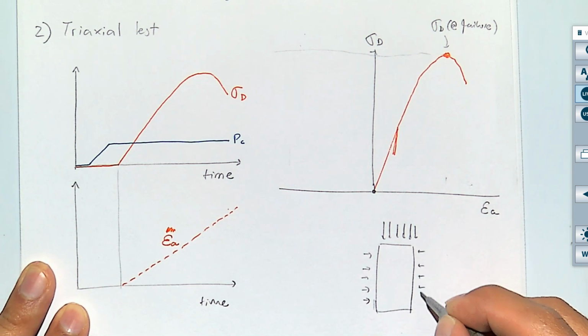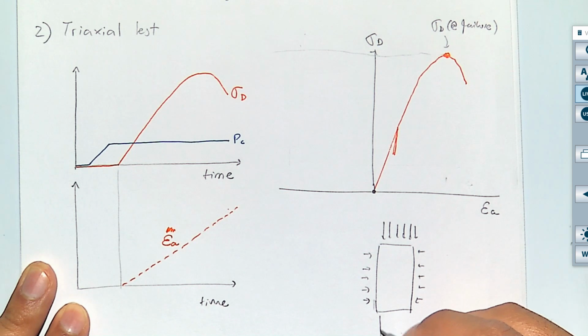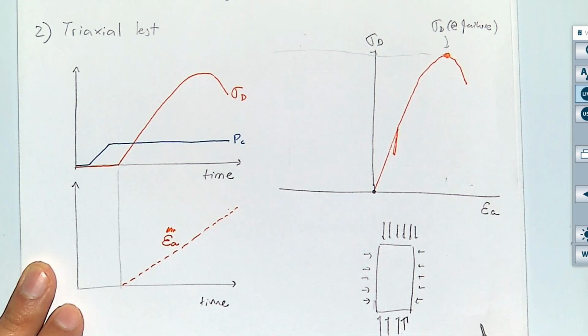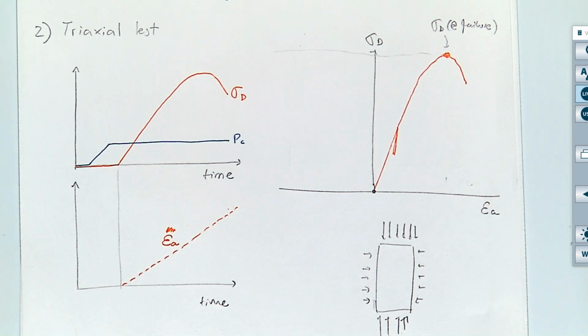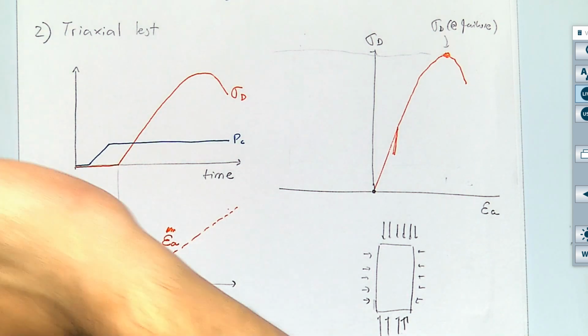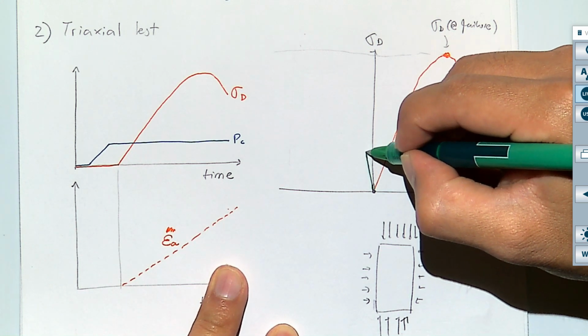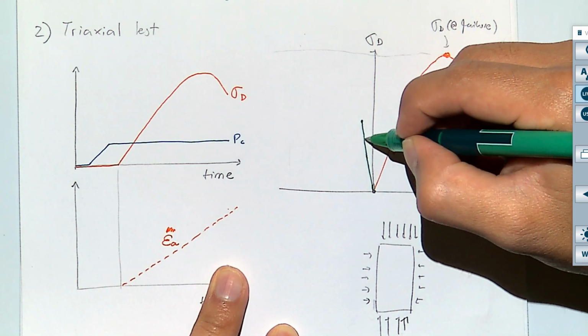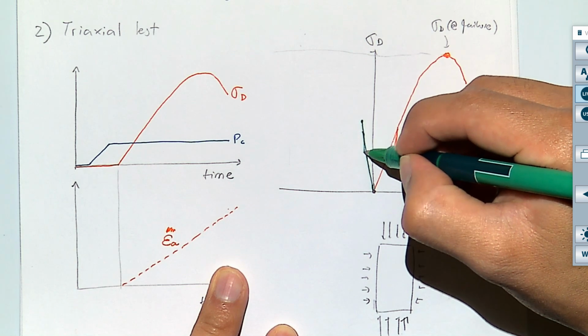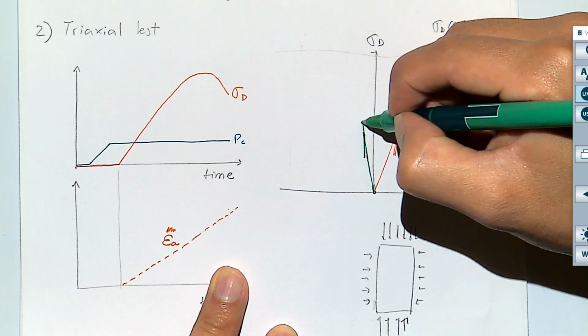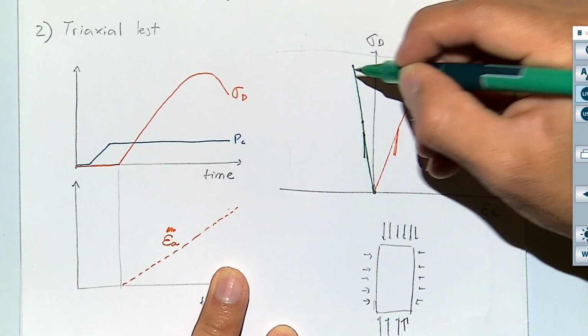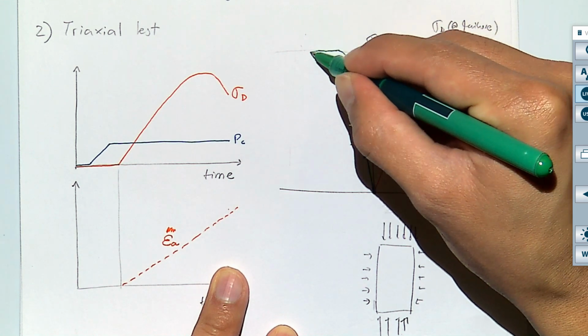If the confining pressure is constant, what will happen to the rock? It should expand in the perpendicular direction, and that's going to be the radial strain. And the radial strain is going to look, we have unloading, reloading over there. It's going to look something like this.